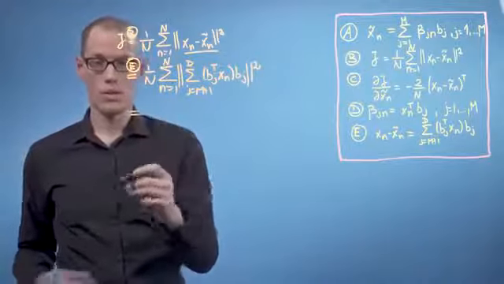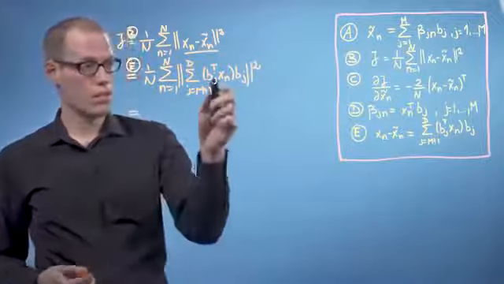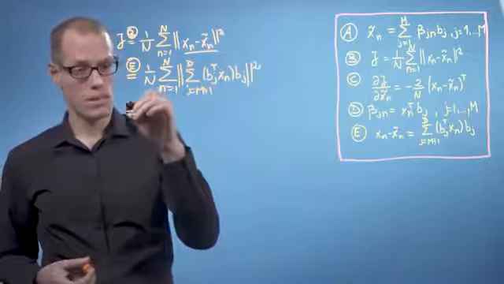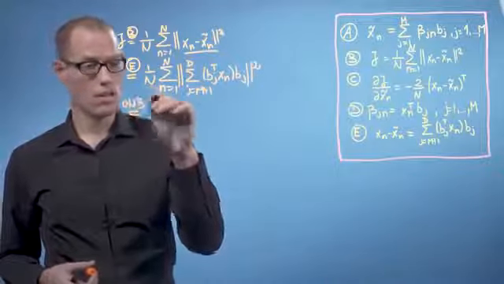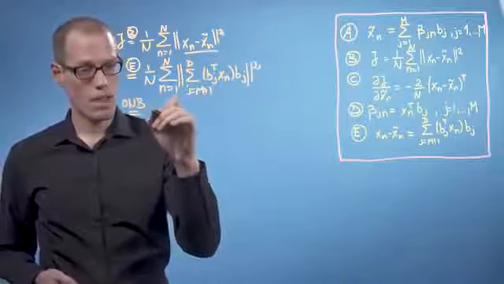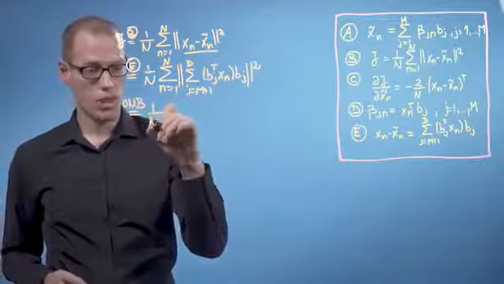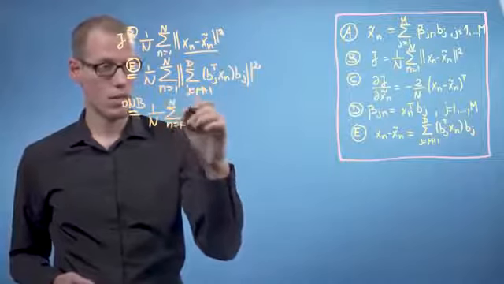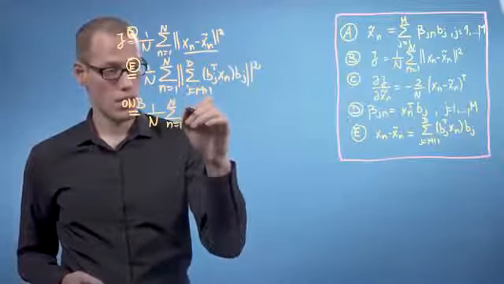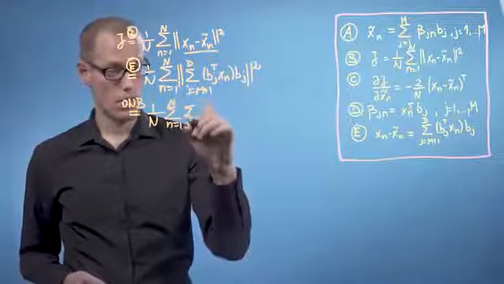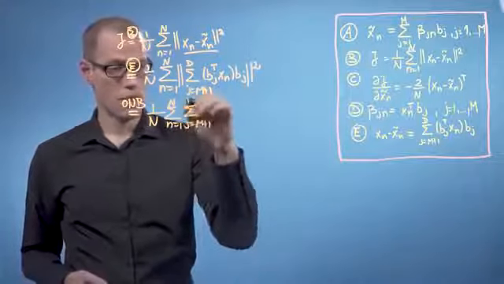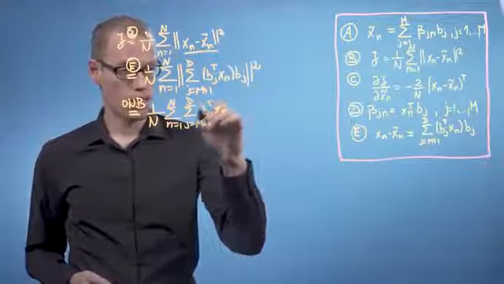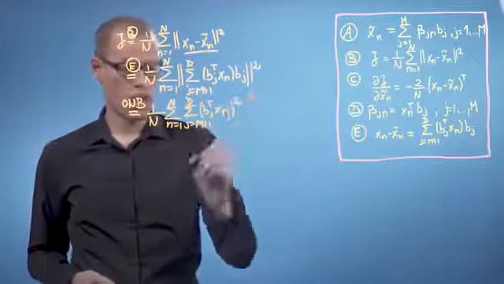And now we're going to use the fact that the bj's form an orthonormal basis, and this will greatly simplify this expression, and we will get 1 over n times the sum n equals 1 to capital N times the sum j equals m plus 1 to d of bj transpose times xn, squared.